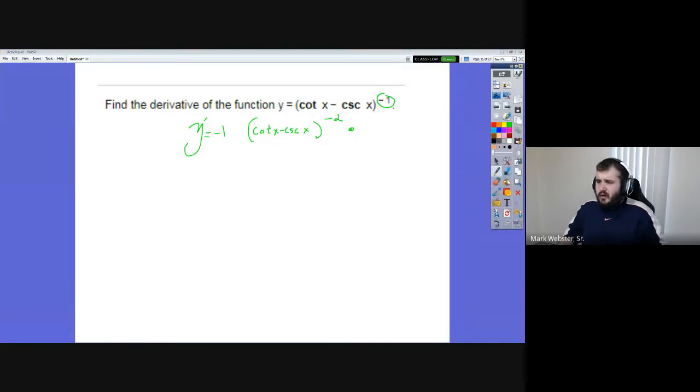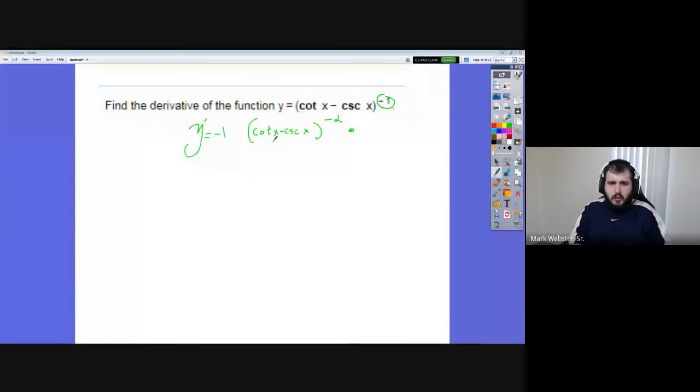And so I personally have trouble. I'm not going to say that it's the easiest thing in the world. But like, okay, so we want to find the derivative of cotangent. What's the derivative of cotangent? That's negative cosecant squared, right?